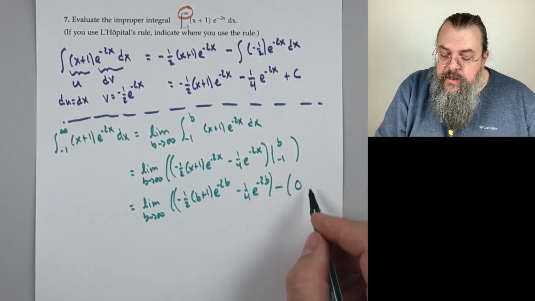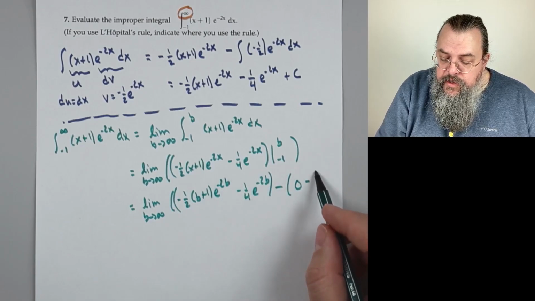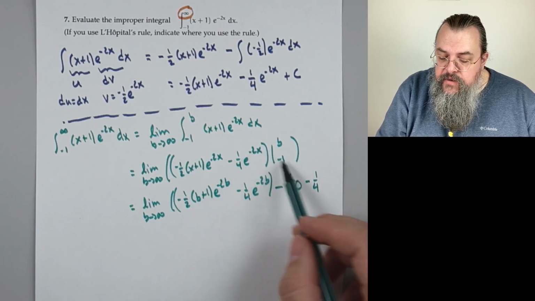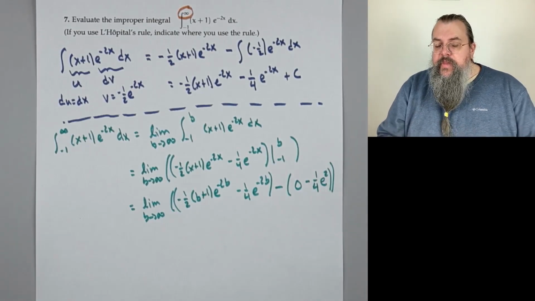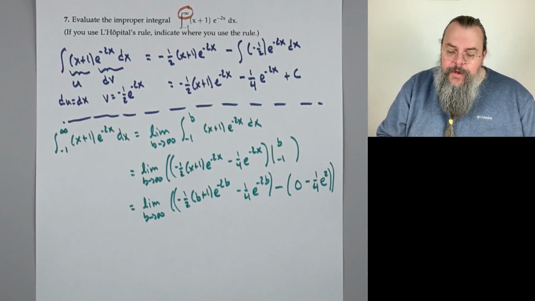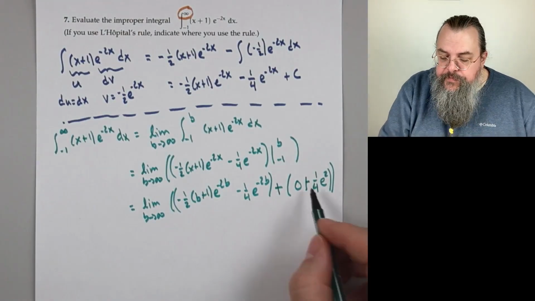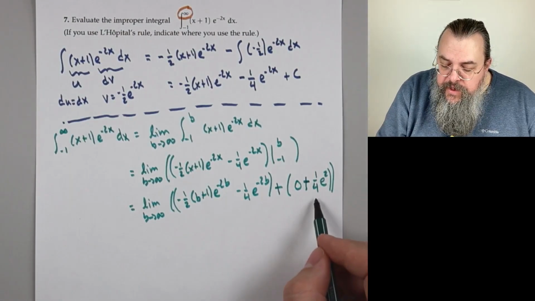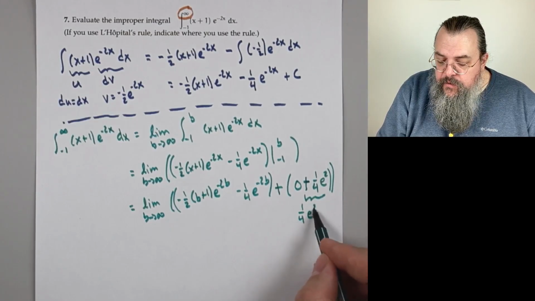That's convenient. And then we're going to have minus, and 1/4 e to the minus 2 times -1 makes e squared. All right, good. Now, a couple of things. Minus minus makes a plus.